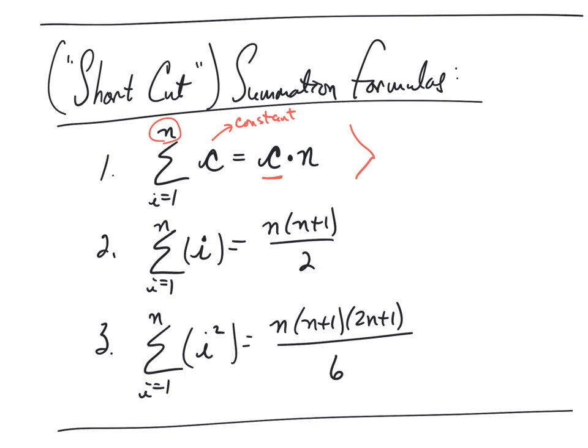What we can do is just simply take the top number times the top number plus 1 and divide by 2. And finally, if we have a situation where we have I equals 1 to n of I squared, what we can do is just simply take the top number and multiply that by the top number plus 1 times 2 times the top number plus 1 divided by 6.